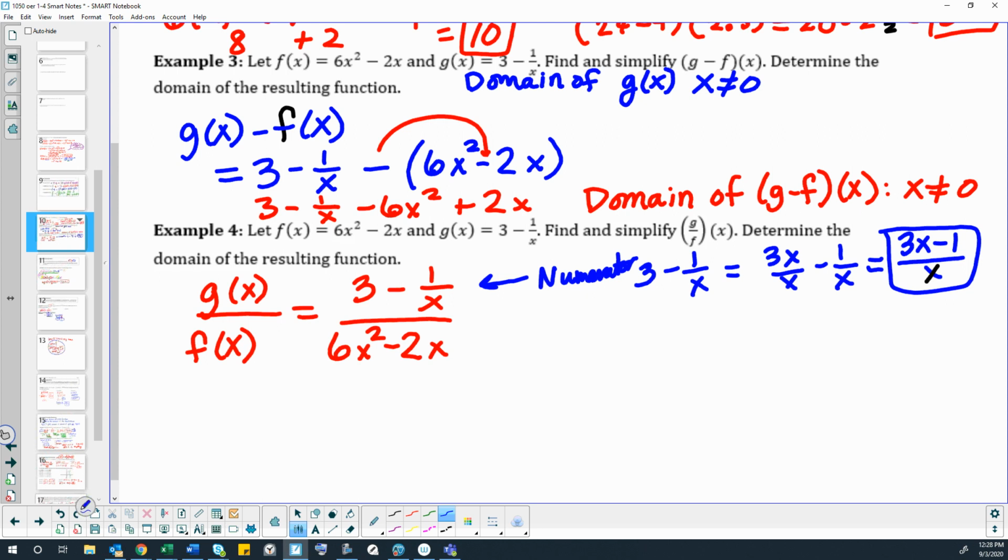Okay, so that gives us 3x minus 1 over x. There's our numerator. And we're going to times by the reciprocal of the denominator. So right now, the denominator isn't a fraction. To make it a fraction, it would be over 1. So how do we make it a reciprocal?